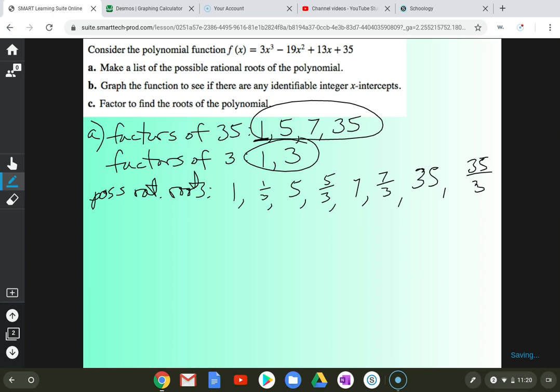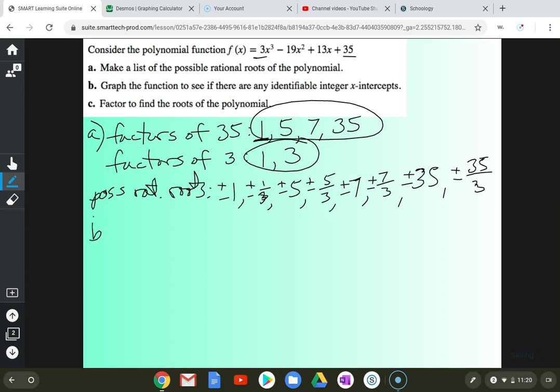All right, except there's a little thing I have to make sure I put with every term, which is plus or minus. And we write this for every single one. And there are our possible rational roots: factors of the constant divided by the factors of the leading coefficient.